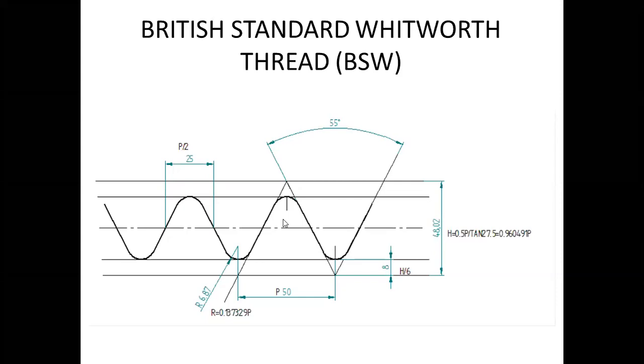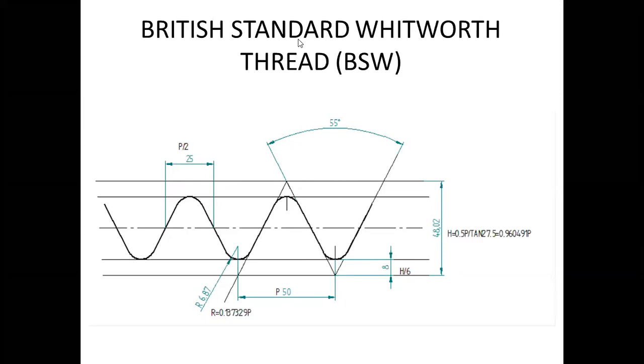See here, the distance between the two crests or roots is the pitch. So only the pitch value they will give. Pitch is equal to 50. The rest of the dimensions are derived from pitch. H is nothing but the depth of the thread.